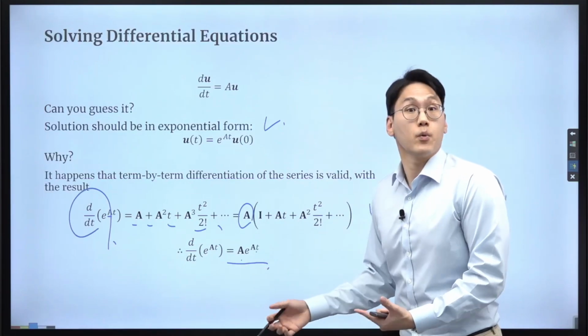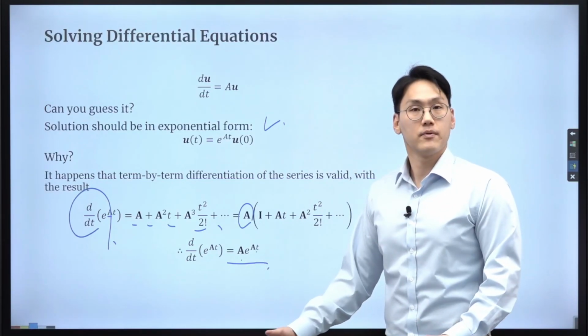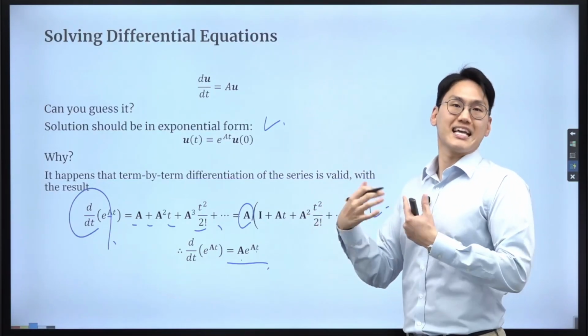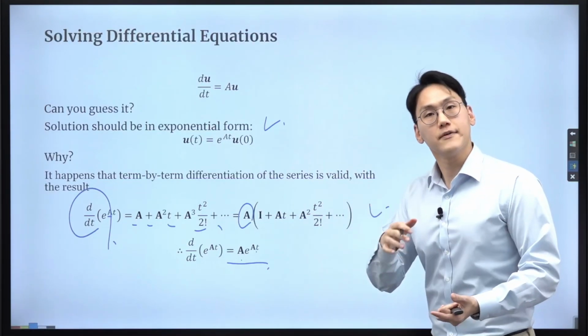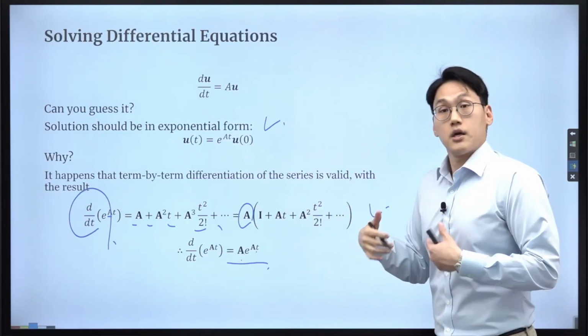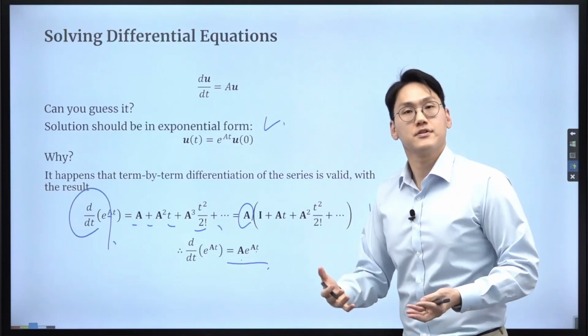Just A comes out, where A in this case is not a number but a matrix, but it's not a problem, right? It can be defined. That's the beauty of the exponential matrix, or any definition. If you define it well, it needs to follow the typical properties, such as linearity being preserved, as well as the derivative becoming itself.